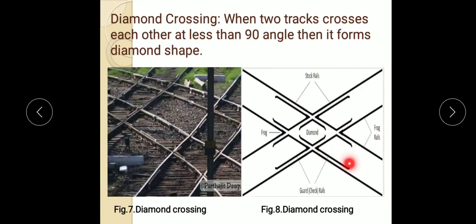We can see the angle made by these rails with each other is less than 90 degrees and forms a shape like a diamond, therefore it is called a diamond crossing. And figure 7 shows a diamond crossing, where we can see the shape of a diamond is formed, and therefore it is called a diamond crossing.